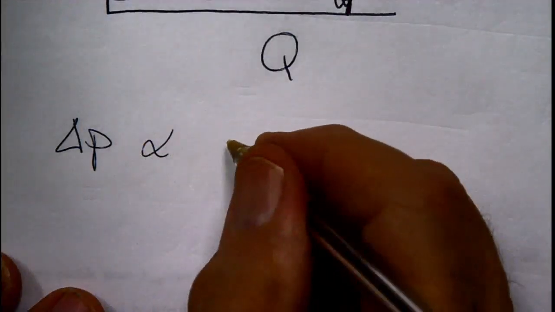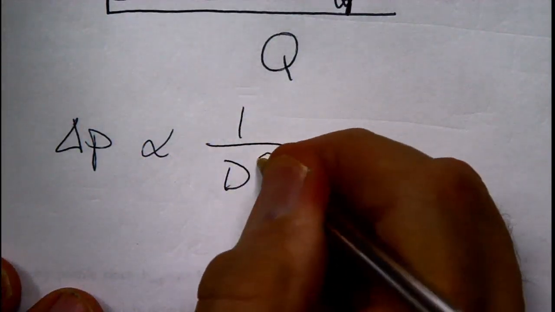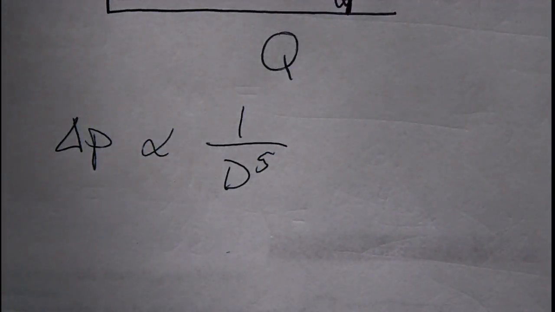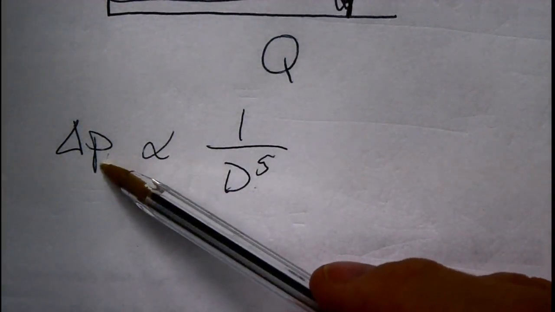Now then, we spent a lot of time talking about pressure drop, and you find out the pressure drop from the mechanical energy balance really runs as d to the fifth. That's what the reduction was for the mechanical energy balance. And what happens is if the diameter gets very, very small, pressure drop gets very, very high.